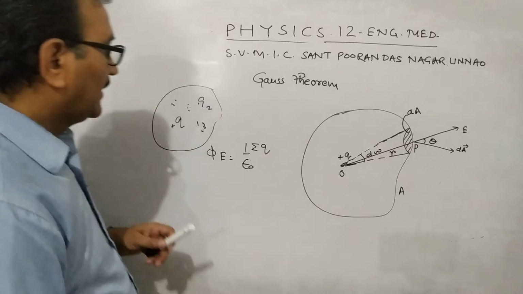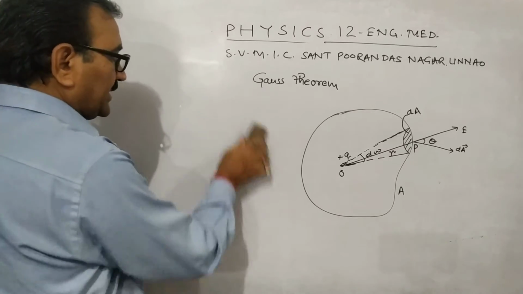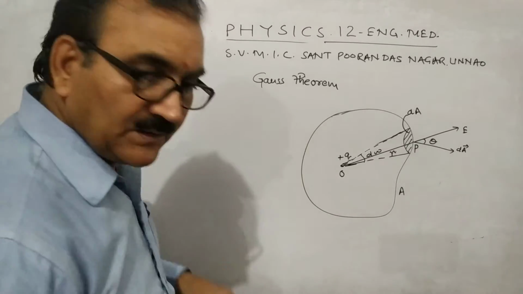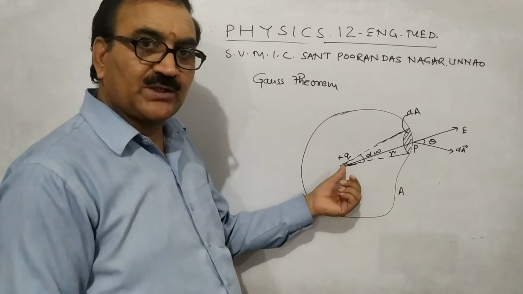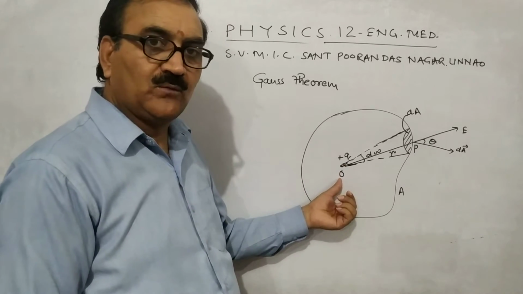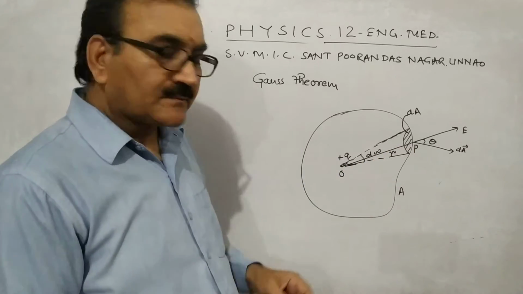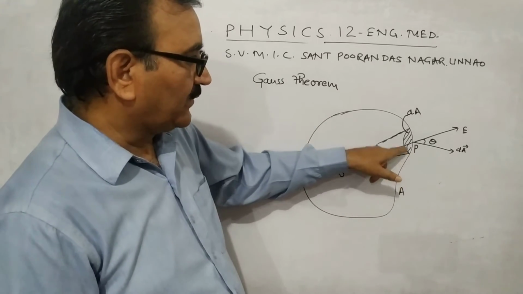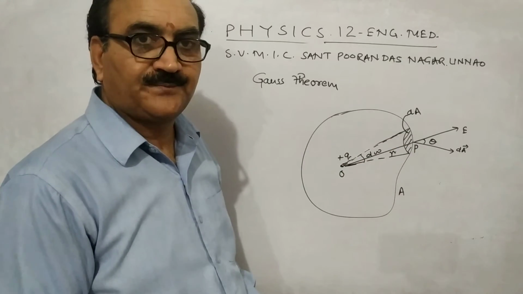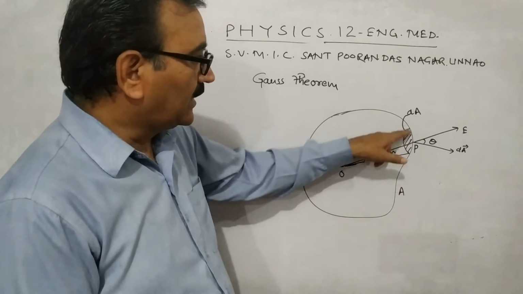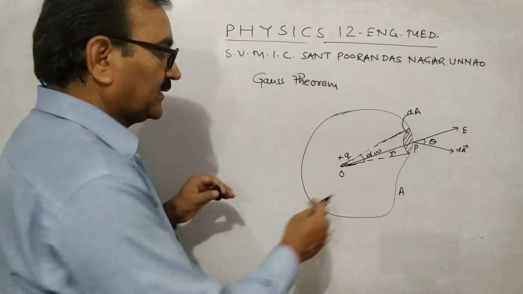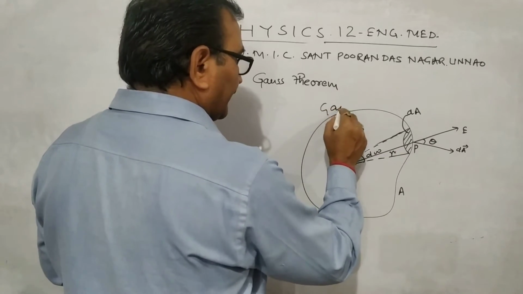So here we are in the condition to prove it. Suppose this is a plus q charge placed at a point O. There is a point P at which we consider an area element on the Gaussian surface.